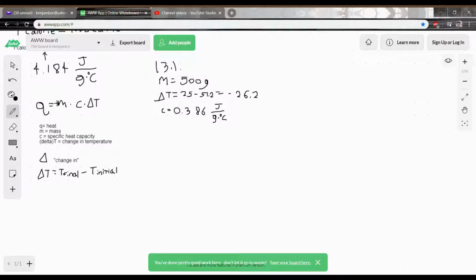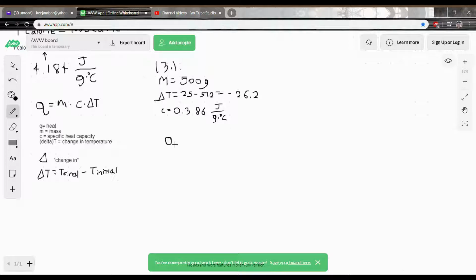Now, we want to find Q, the amount of heat transfer. We need M, which we have, we need C, which we also have, and we need delta T, which we're given. So this is going to be a pretty easy equation.